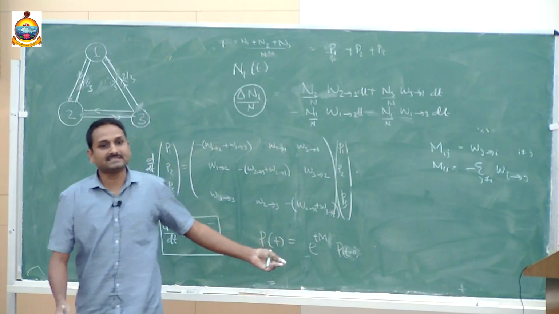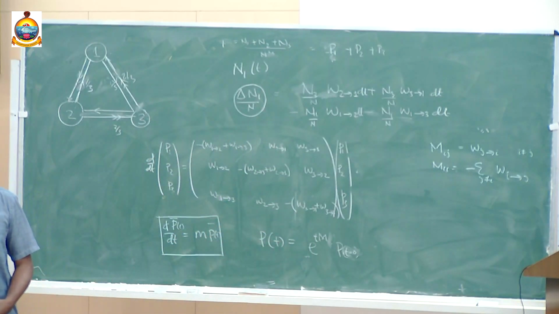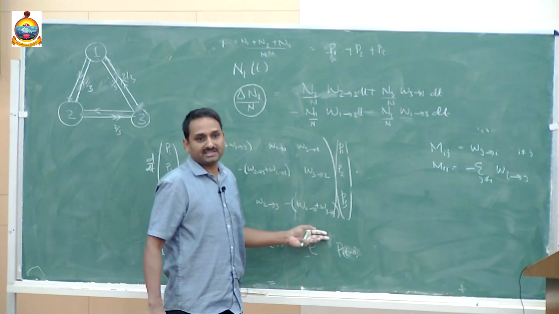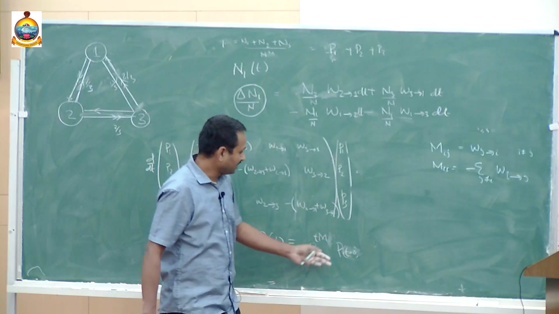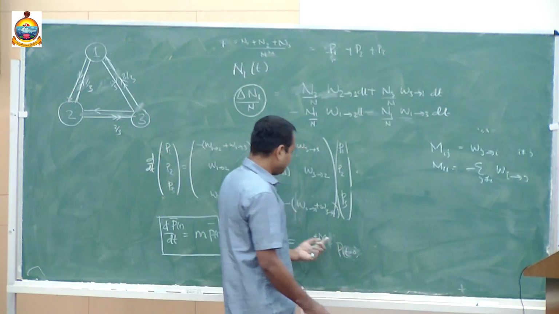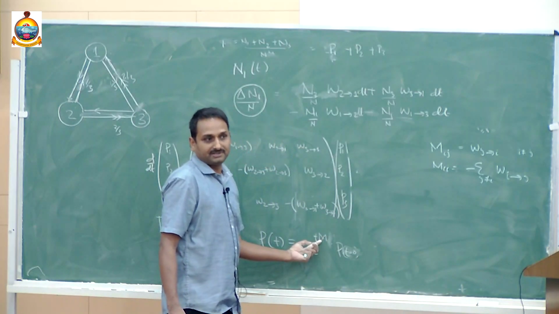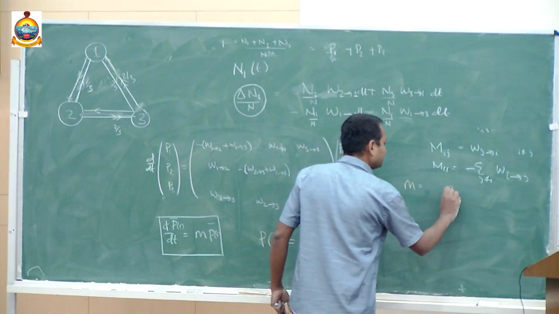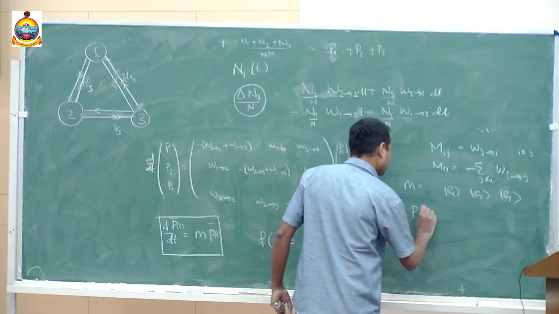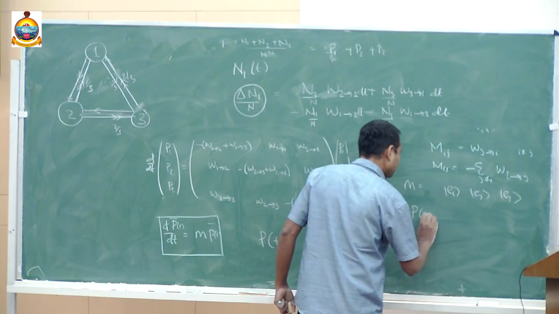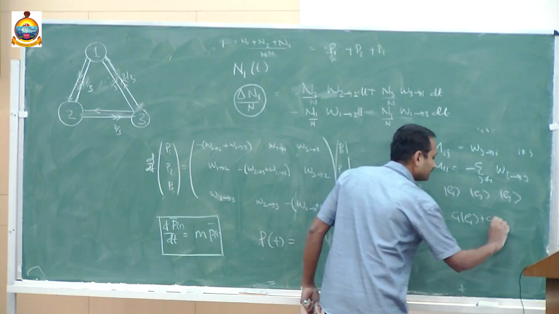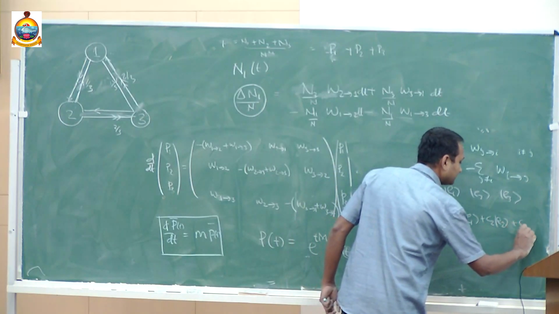Now do you know how to calculate e to the power tM p(0)? Just go to the eigenbasis. P is a vector, so it can be written in terms of the eigenvectors of M. If the eigenvectors of M are e1, e2 and e3, then write p0 equal to c1 e1 plus c2 e2 plus c3 e3.